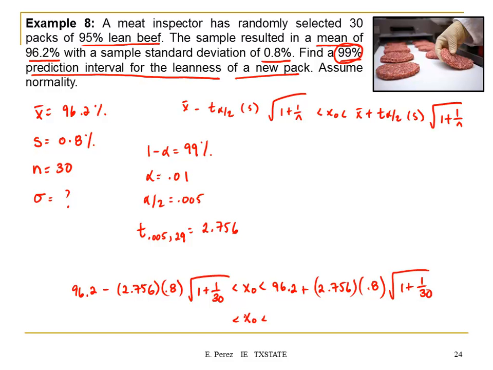So x0 is less than 98.44 and greater than 93.96. For our next observation, we are not certain that it's going to be over the 95%, but these are the prediction limits for that next observation.